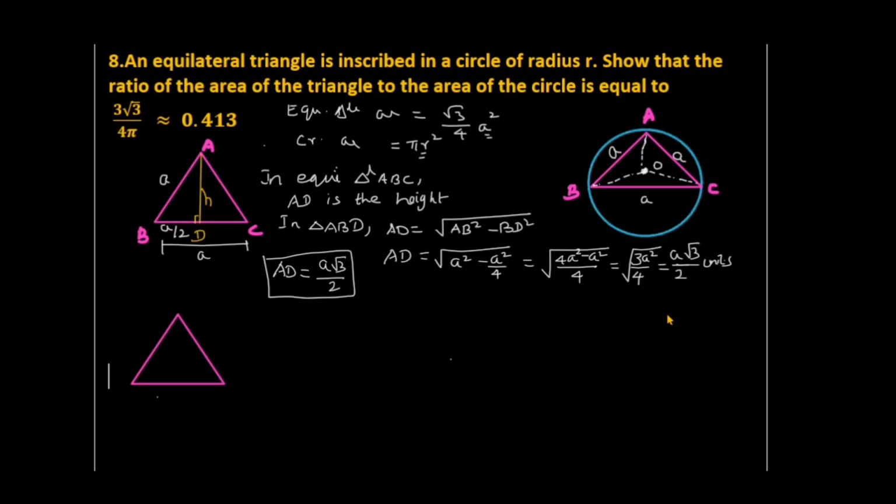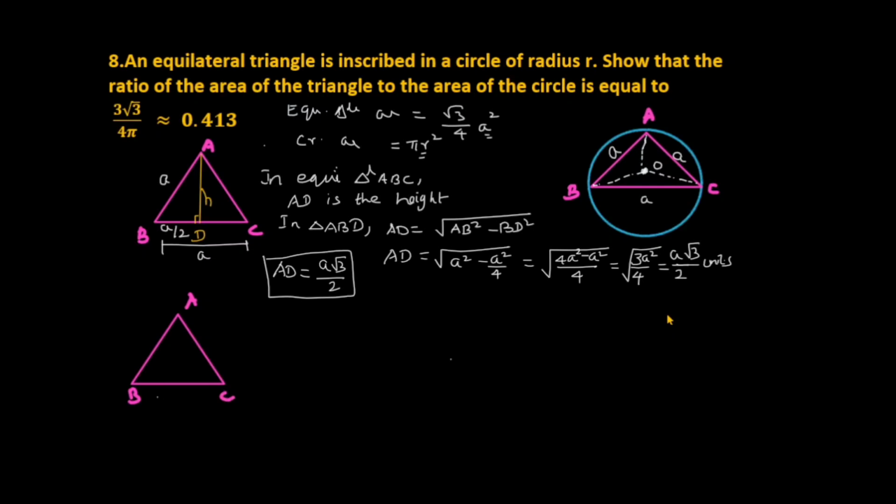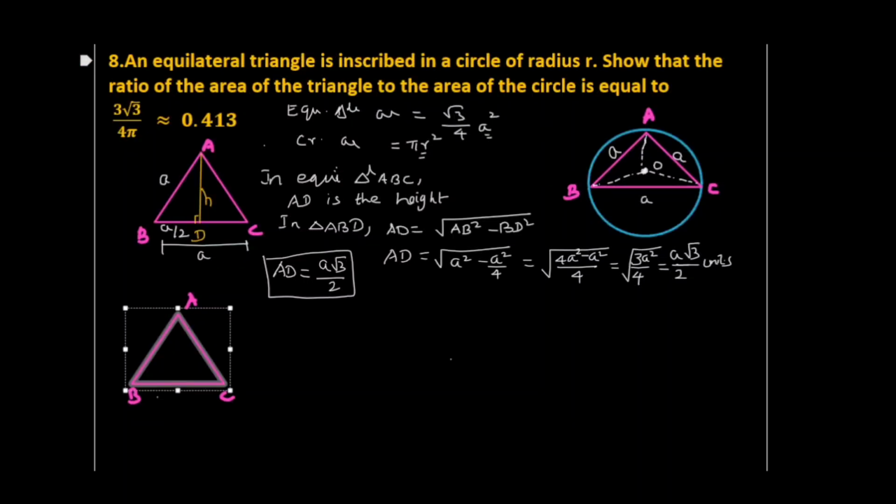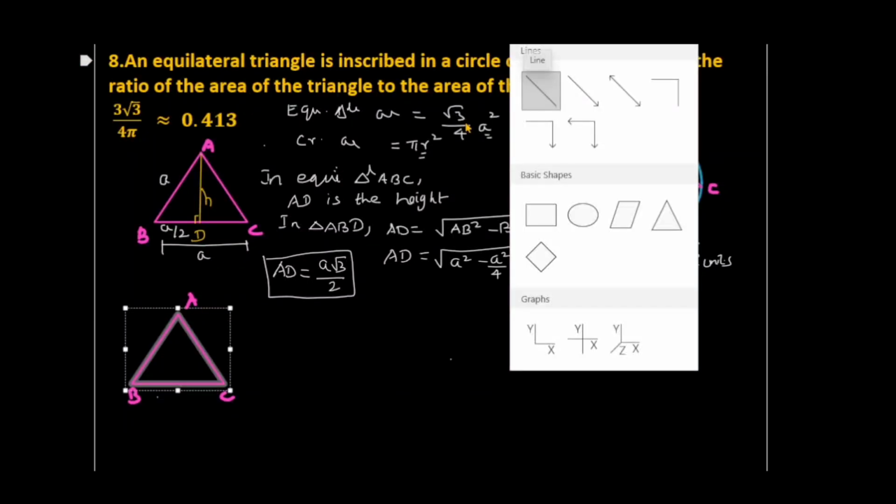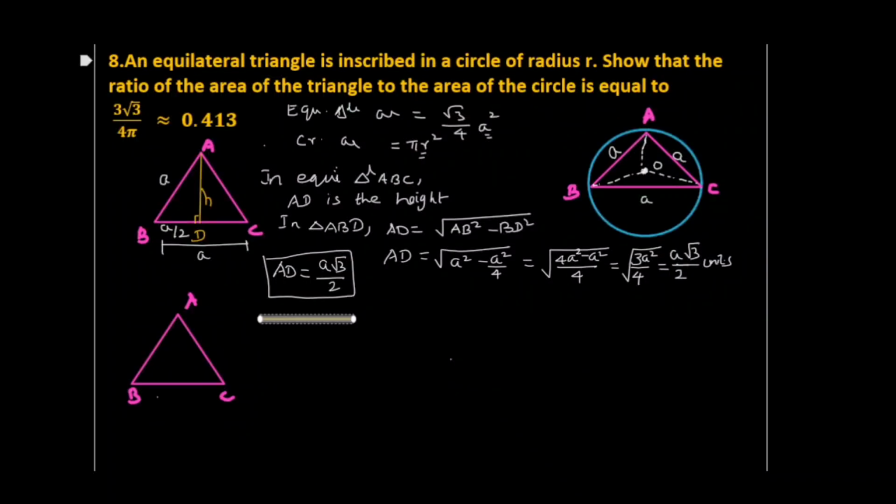Now these are vertices A, B, C, and taking the perpendicular from A, that is our median also. Previously, using altitude, we got one answer. Now we are going to use our median concept and find another relation.